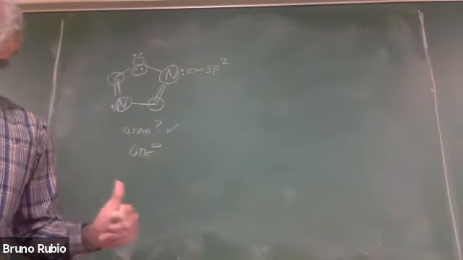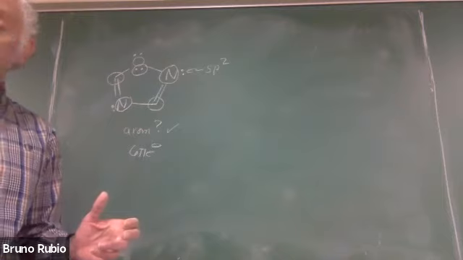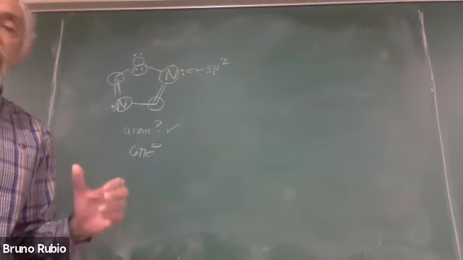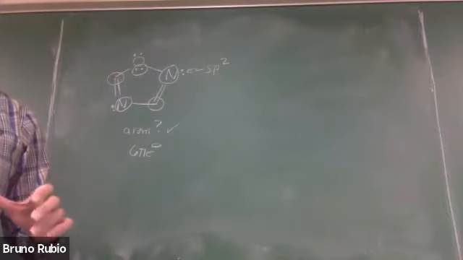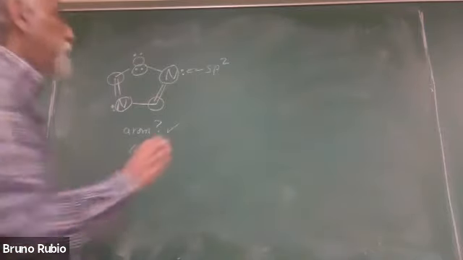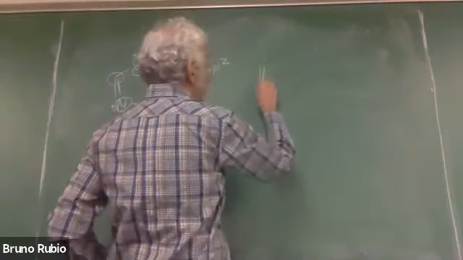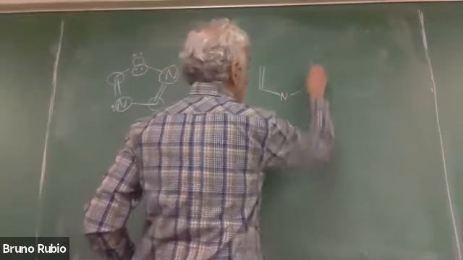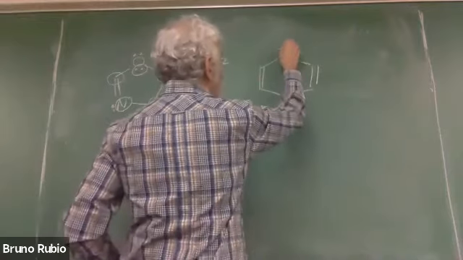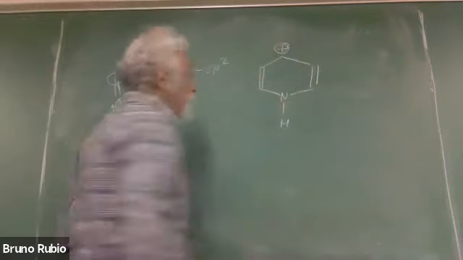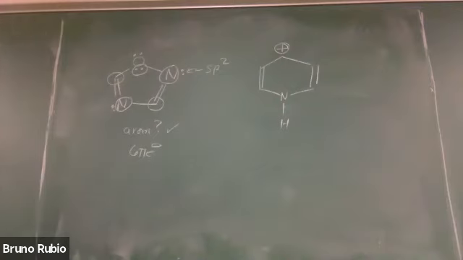Okay, how about the next and final level of complexity? How about let's put in an atom other than carbon and also a charge. So what about him?